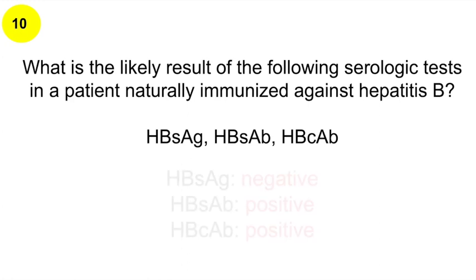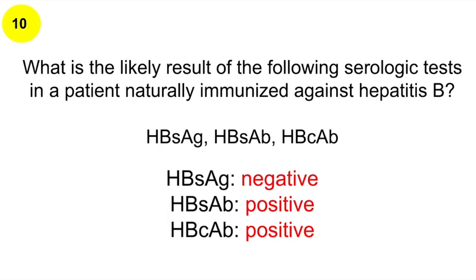So, how you can remember this is when you see that the core antibody is positive, this means that the patient has come across hepatitis B. So, a positive core antibody means that the patient has come across hepatitis. So, that's either a previous or ongoing infection.